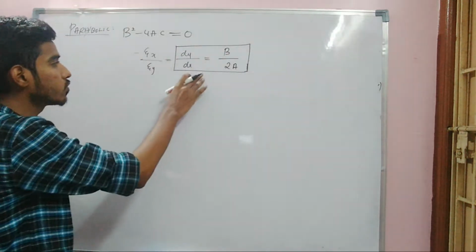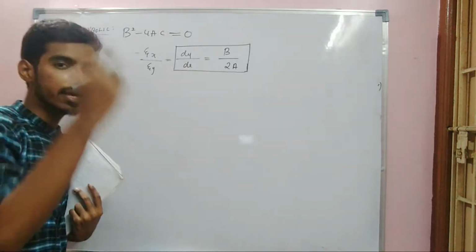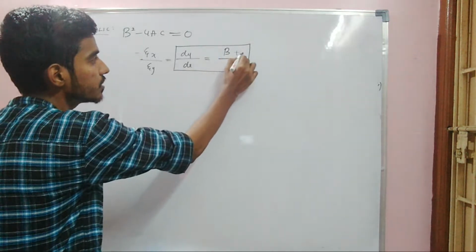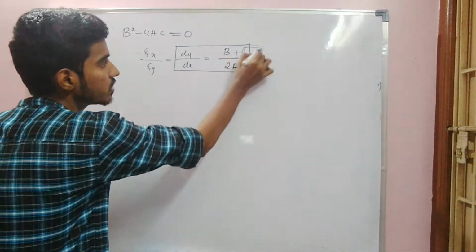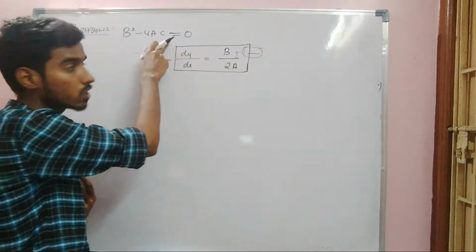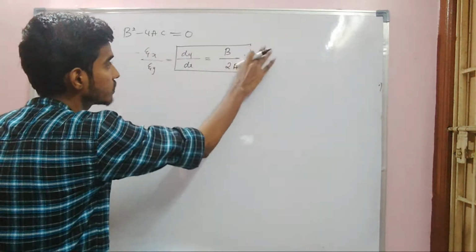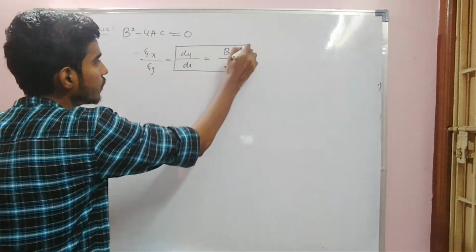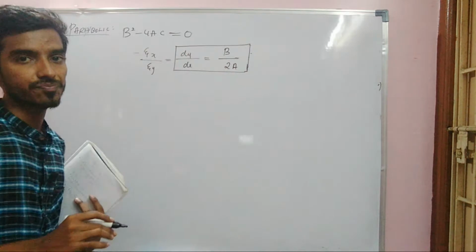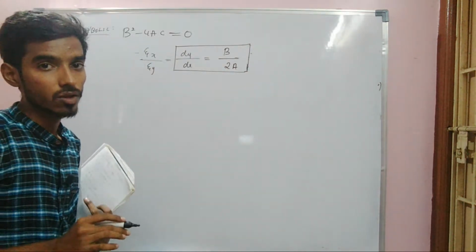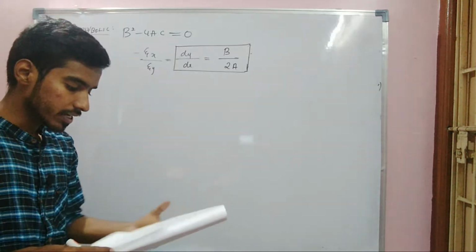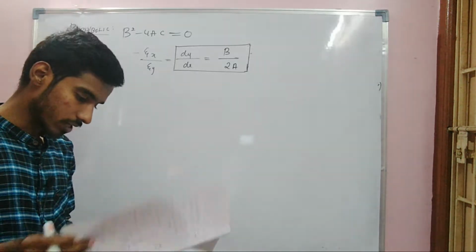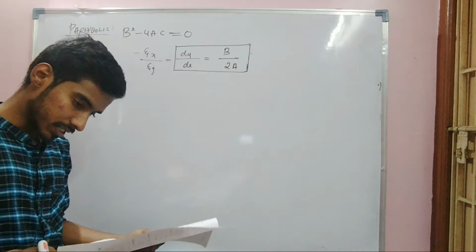But you cannot find another characteristic here. There you can find, because we have plus some number, minus some number, but here since this number is 0, because we have b square minus 4ac equal to 0, we can find only one characteristic from this. Now in order to find another characteristic, listen very carefully, you can choose eta to be anything.